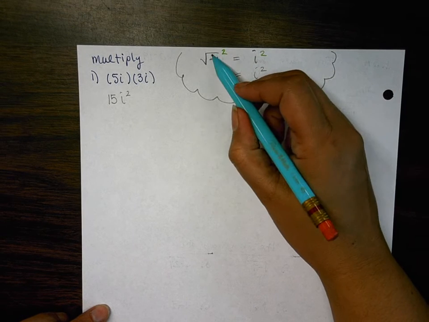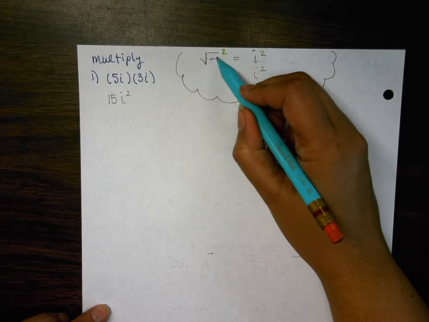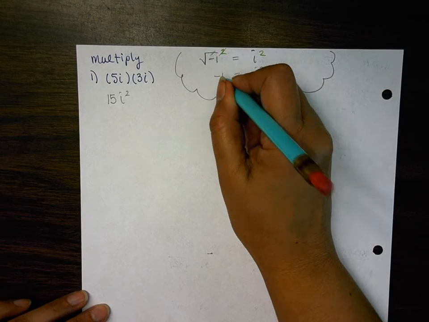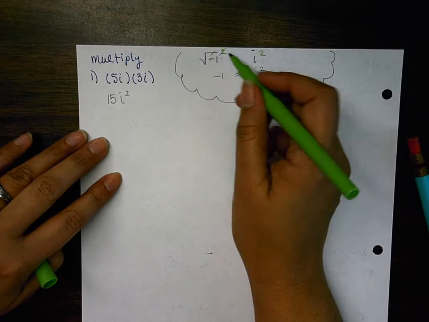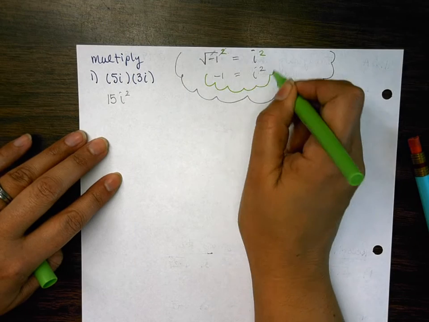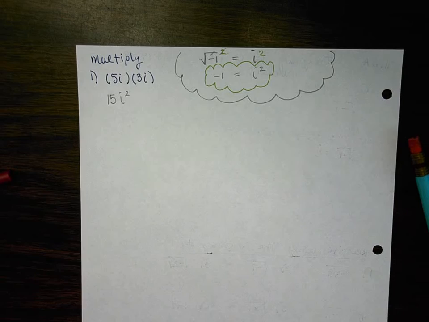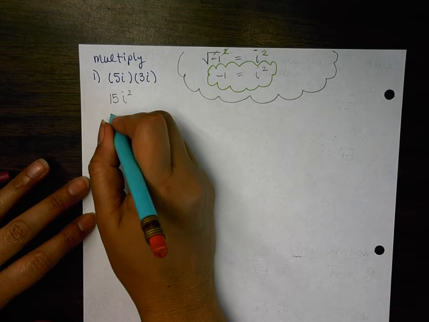We've talked about inverse operations. Are square root and squared inverse operations? What do they do to each other, leaving behind what? And there it is right there. What does i squared equal? -1. i squared is -1. So whenever you have an i squared in an answer, is it okay to leave it as i squared? You will always change it to -1.